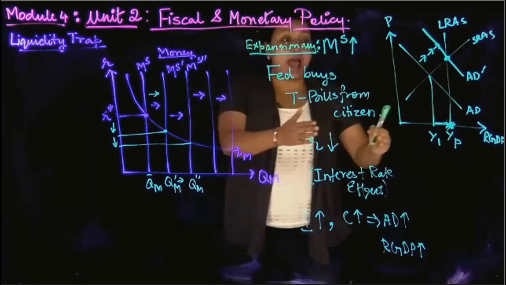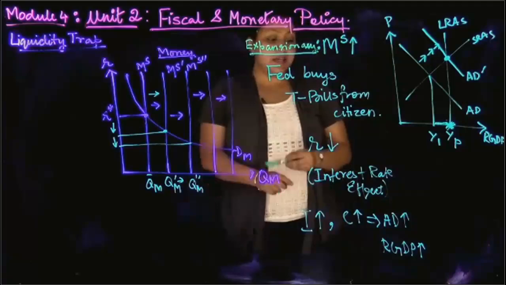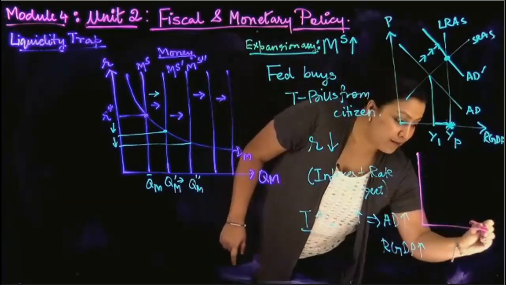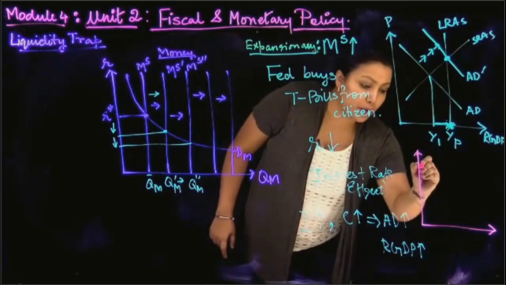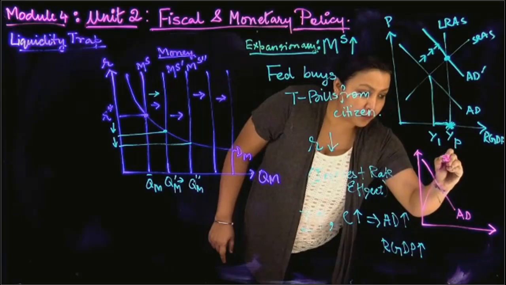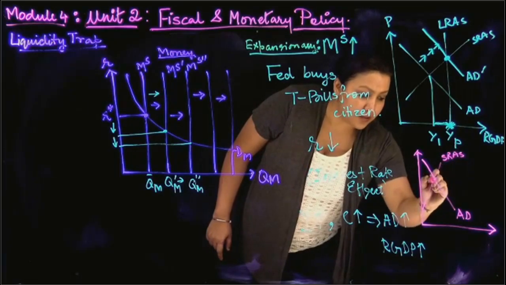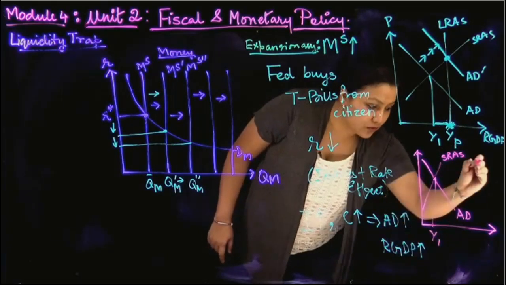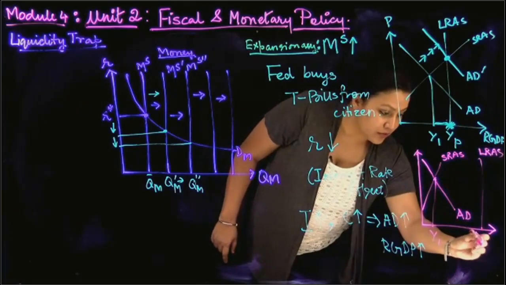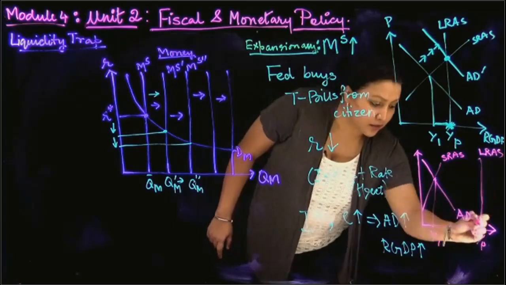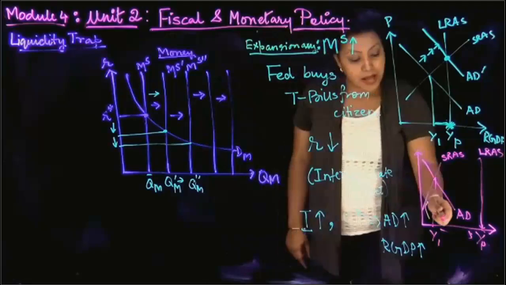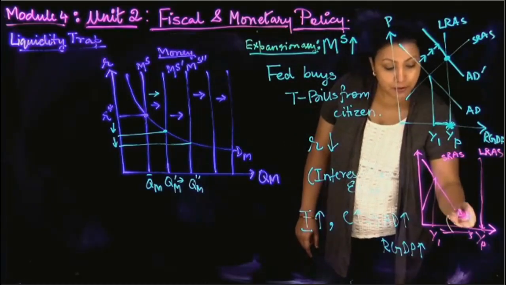Now if this gap is super large, for example, if you have a situation in the economy where the recessionary gap is very big, you can see that this is a huge gap. So in that case, any increase in money supply is not able to bridge the gap completely.